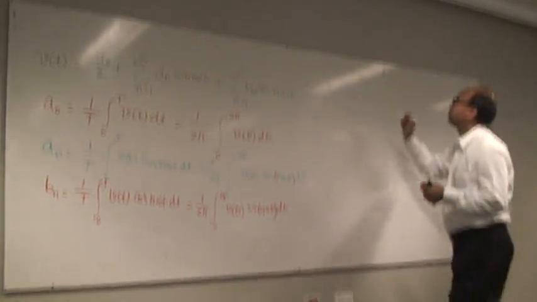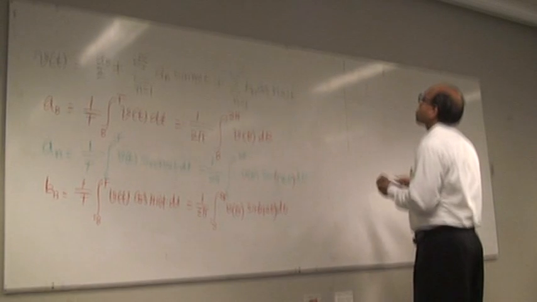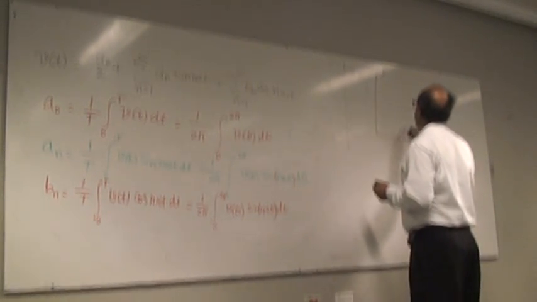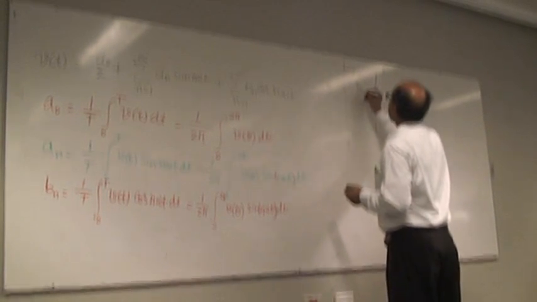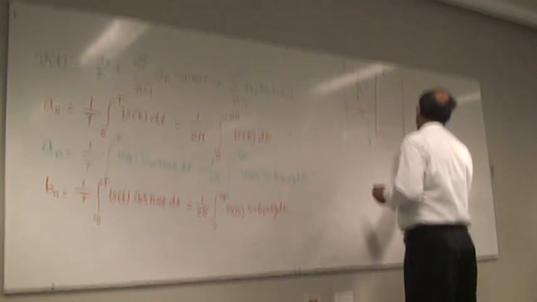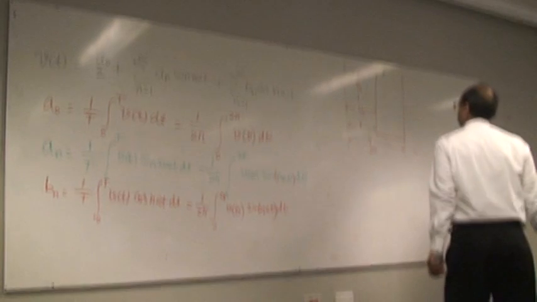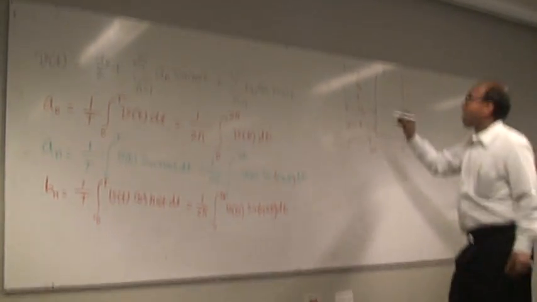Let us take one example. If you analyze this waveform, basically you will find that A0 is what?